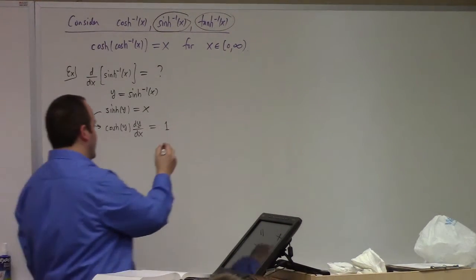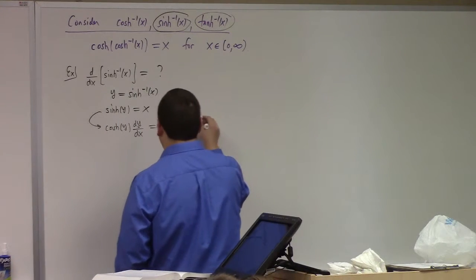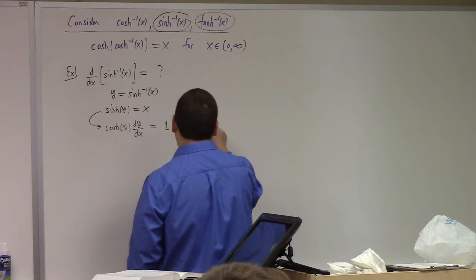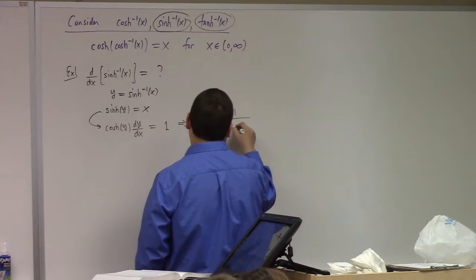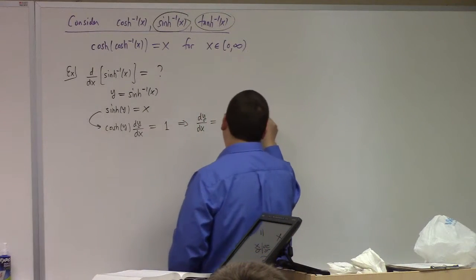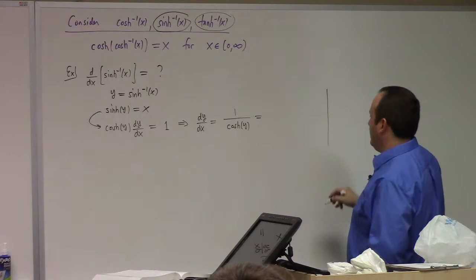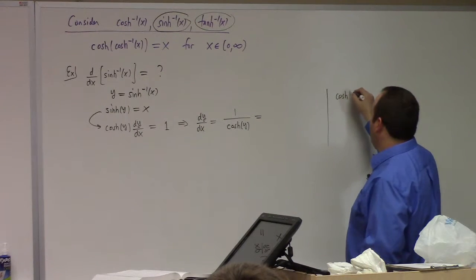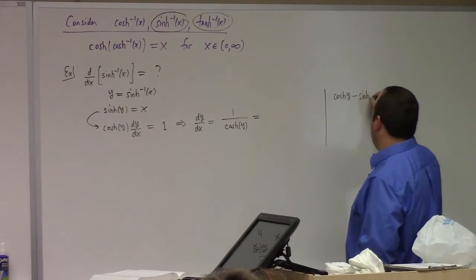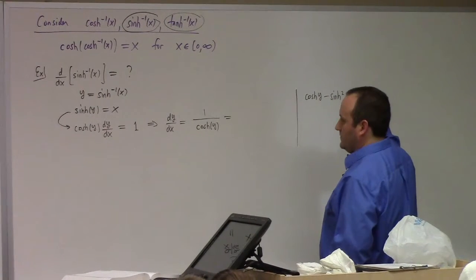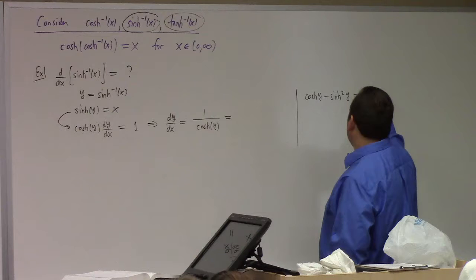So I'm going to work sideways as to not get behind the projector. So this is dy dx is 1 over hyperbolic cosine of y. Let me just write over on the side here. We've got cosh squared y minus sinh squared y is equal to 1, right?